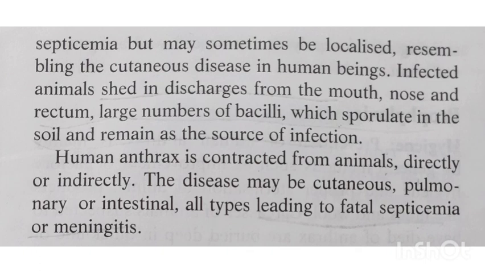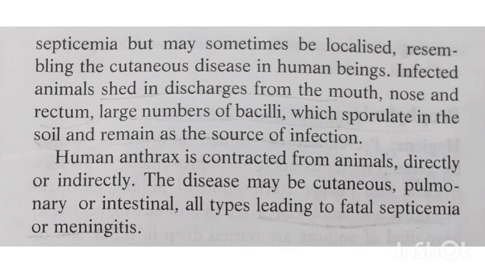Infected animals shed discharges from the mouth, nose and rectum that contain a large number of bacilli, which sporulate in the soil, and the soil becomes the source of infection for humans as well as animals. That is the indirect process of transmission. Direct transmission from animal to animal is rare, but direct transmission occurs in human beings.